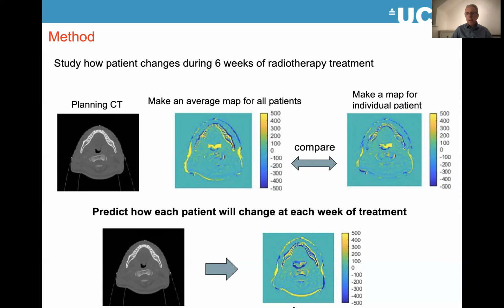And therefore we can do various things. We can either anticipate that and have a new treatment plan ready based on how we think they will look at that time point. We'd obviously validate and verify. Or you can change the original treatment plan to compensate for those changes throughout.